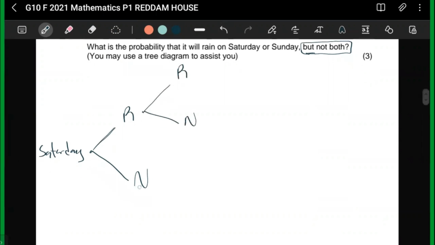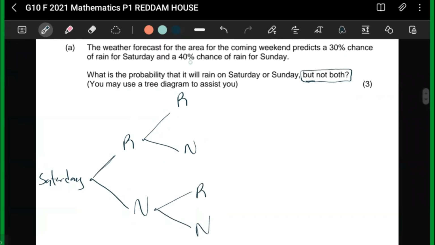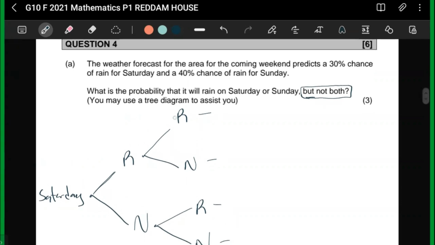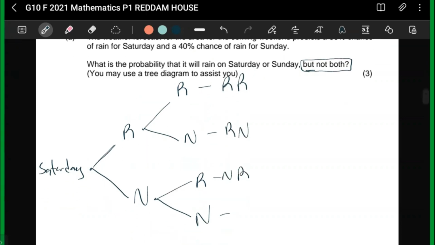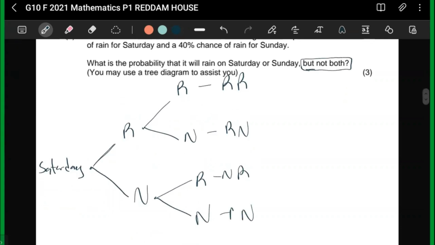However, if it does not rain on the Saturday, it means that on the Sunday, it might rain or it might not rain. Those are all the outcomes here. Now, before we put in those probabilities, you can just see here, this is raining and raining. That's RR. This is not raining, raining. This is raining, not raining. This is not raining and not raining.